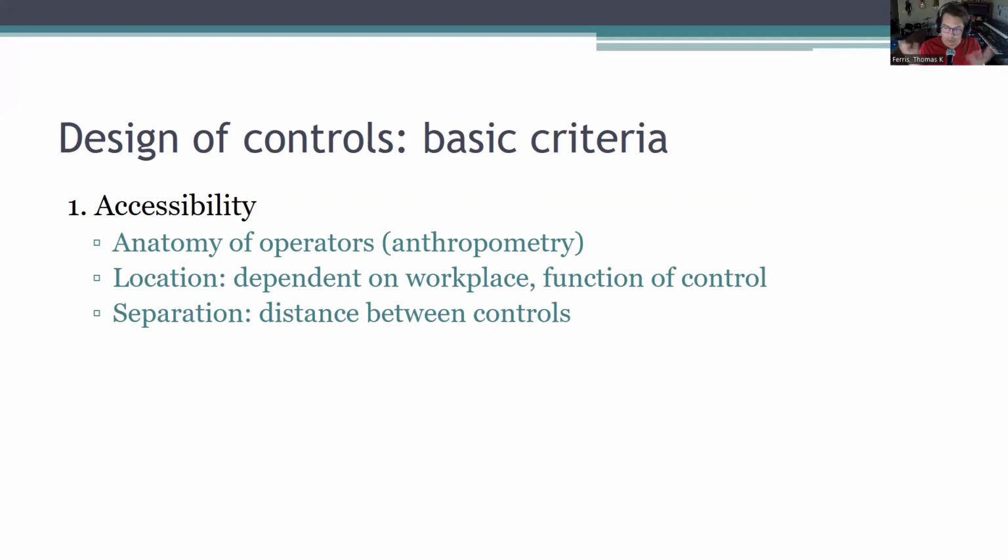So we need to know the sizes of these appendages and the clearances that are required to operate controls biomechanically with human limbs, right? Okay, the location of a control matters relative to the work space or the display area. And so that needs to be considered. And you need separation between controls so you don't accidentally bump one when you're going for another one, right?